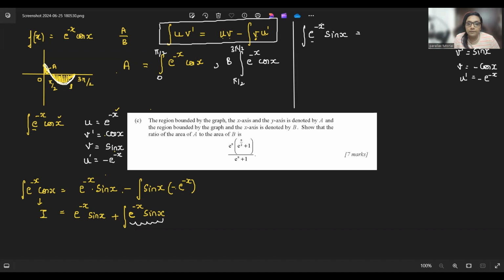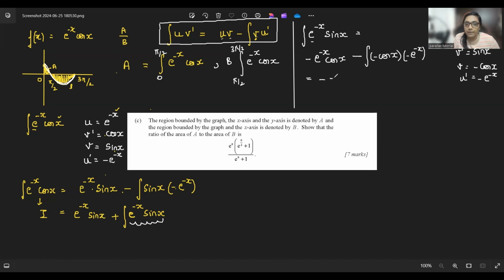So integral of u v dash will be u into v, which is e to the power minus x into minus cos x, minus integral of v u dash. What was our v? It's minus cos x again. And u dash is minus e to the power minus x.